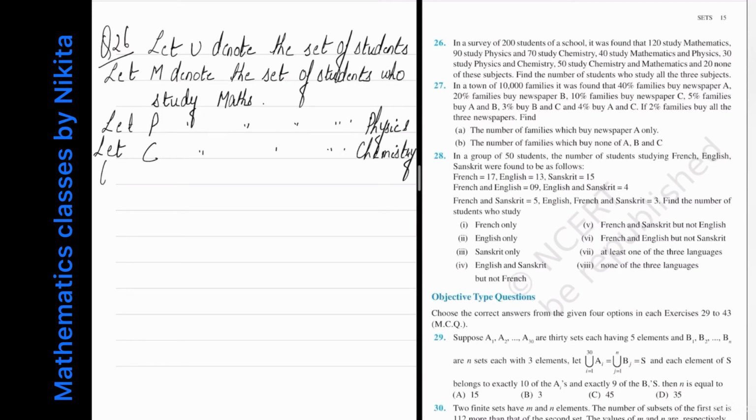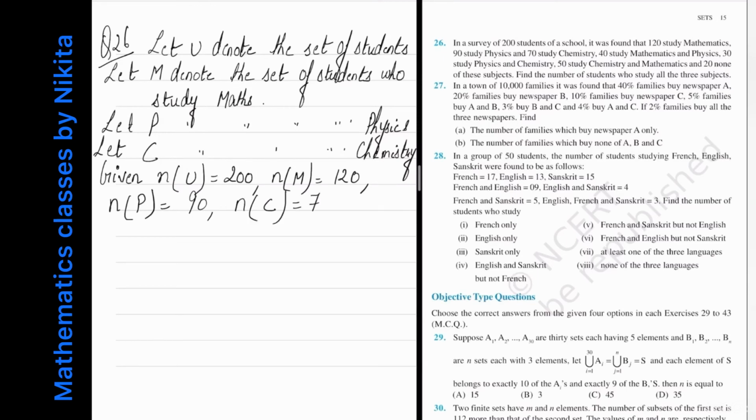Now what is given to you? What data is given to you? It is given that n of U is equal to 200, n of M is equal to 120, n of P is equal to 90, n of C is equal to 70, then 40 study maths and physics. So "and" means intersection. So n of M intersection P is equal to 40.